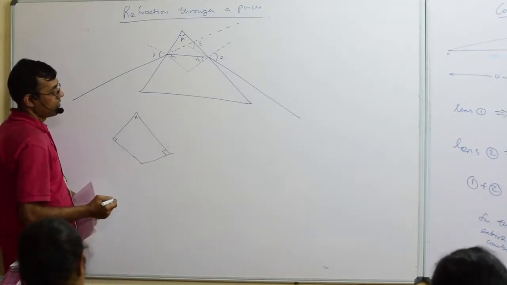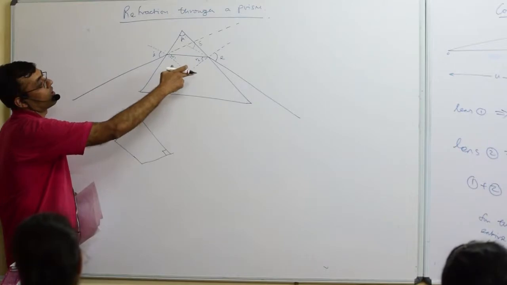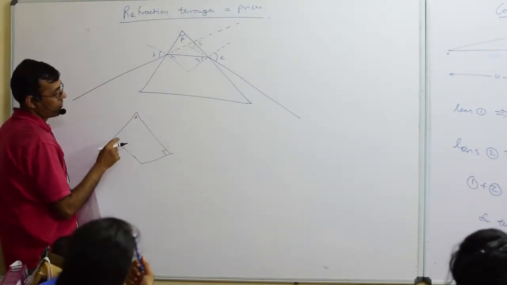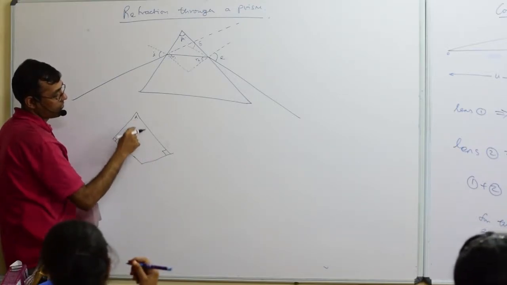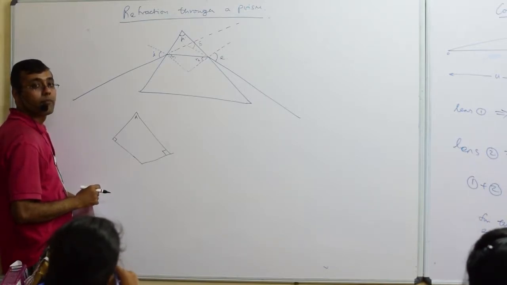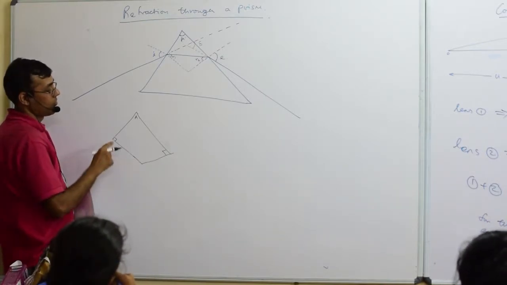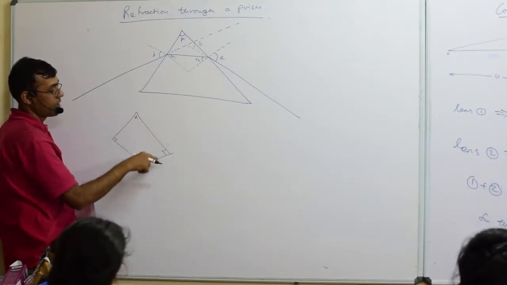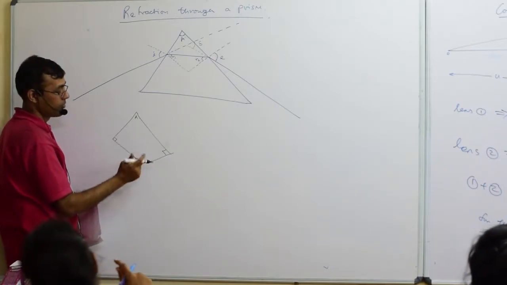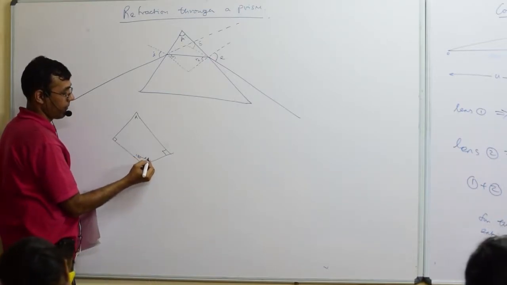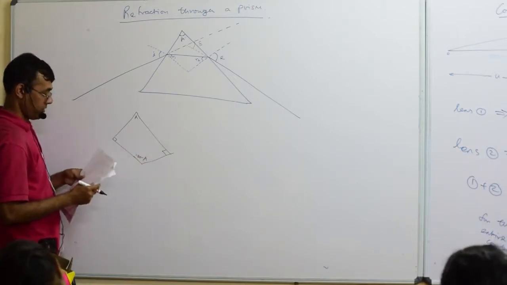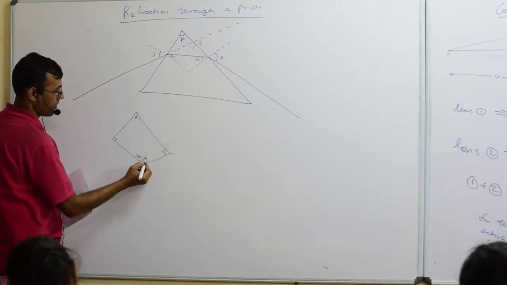Even though it's very easy, it's hard for you to recognize that. So if this is 90, this is 90, this is A, what can you say about this one? If I add the 4 angles of a quadrilateral, I should get 360 degrees, which means 180 is already gone, which means this must be 180 minus A. So that is this angle.